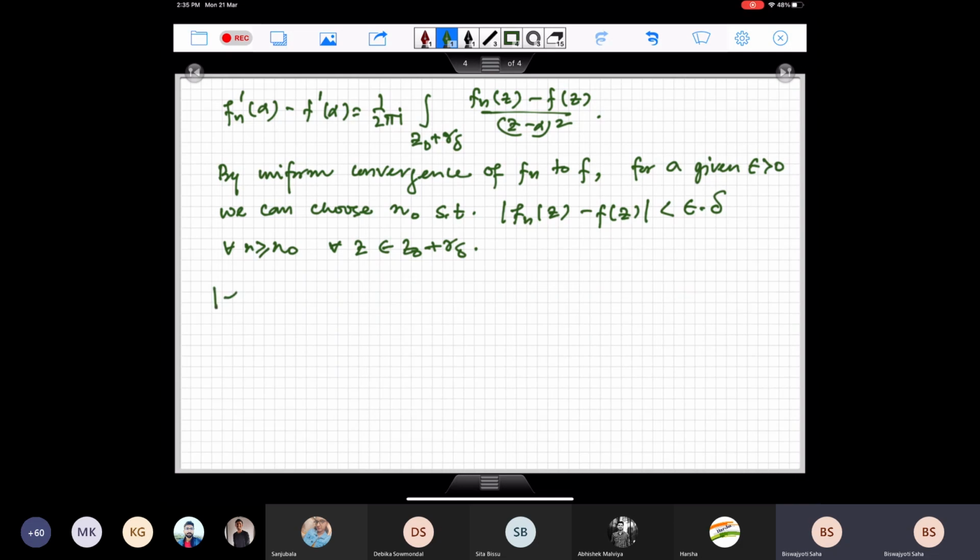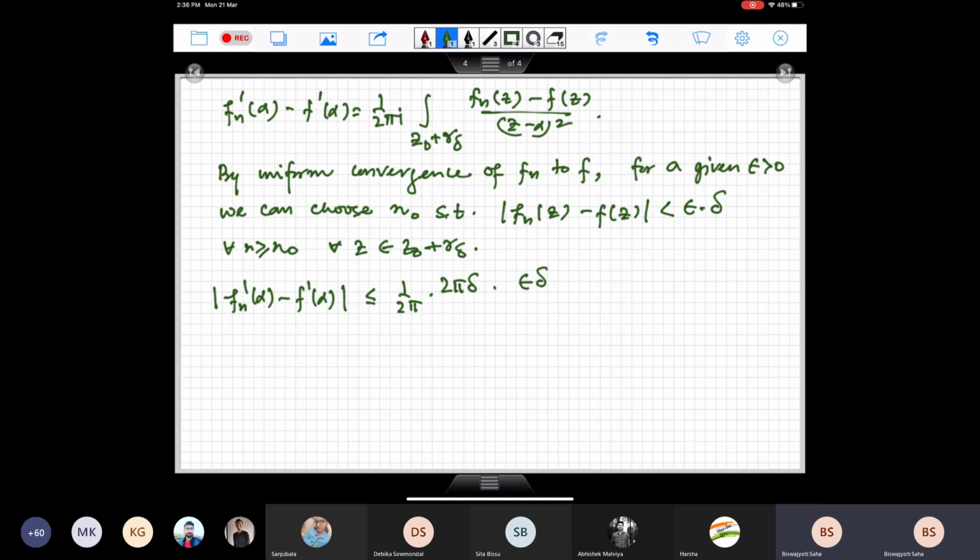Now, if I use the ML inequality, I get Fn prime of alpha minus F prime of alpha, with 2 pi over here. The length of the path is 2 pi delta, because it's a circle of radius delta. The numerator is bounded above by epsilon times delta, and the denominator is delta square, definitely bigger than delta square.